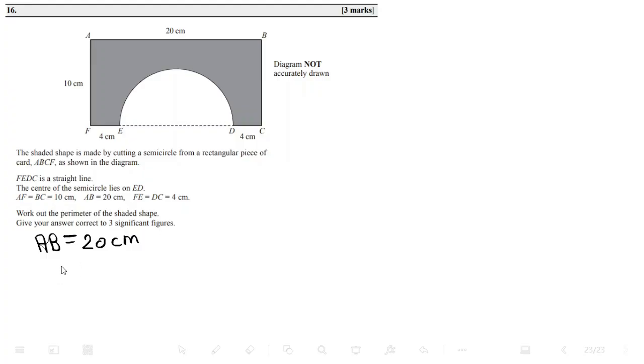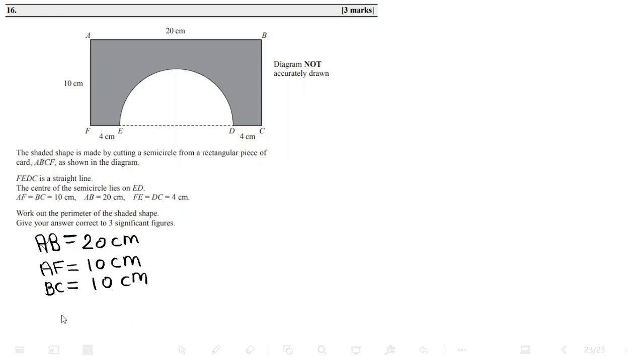Yes. If I am writing AF is 10 centimeter, is that okay? Yes. If I am writing BC is 10 centimeter, is that okay?